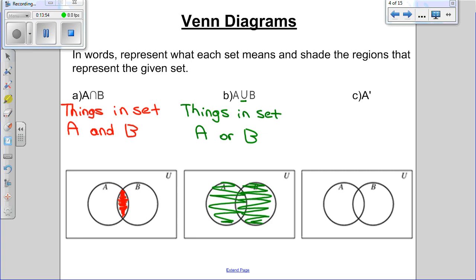Okay. What does this apostrophe mean? This thing right here. It means not in it, right?